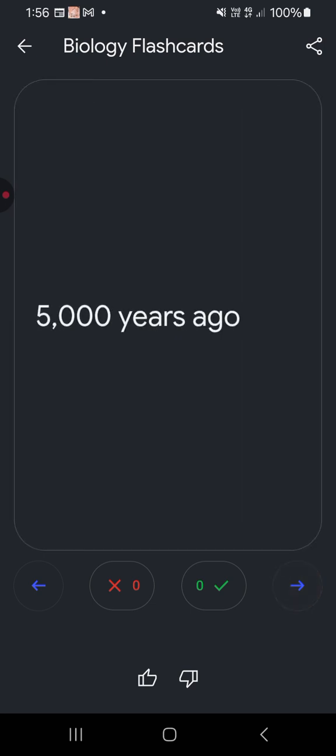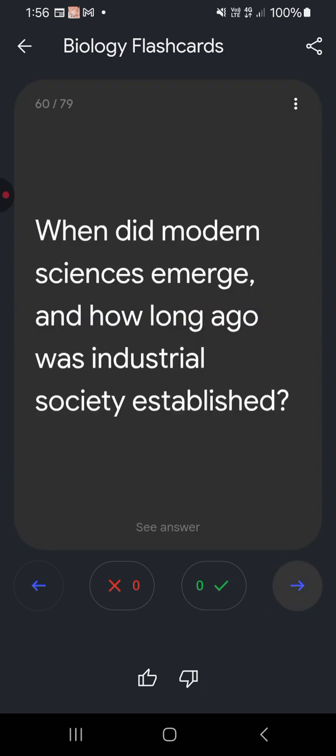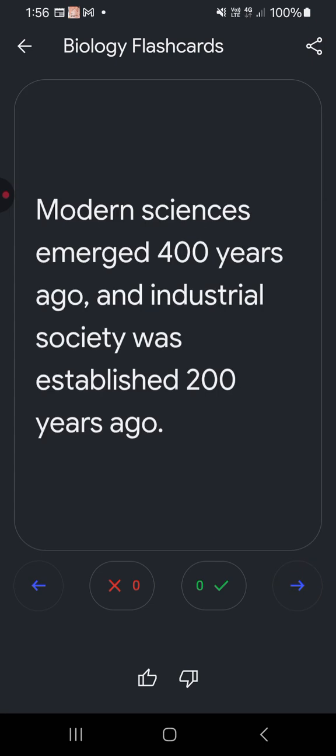About 5,000 years ago. When did modern sciences emerge and how long ago was industrial society established? In the last 400 years. Modern sciences emerged 400 years ago and industrial society was established 200 years ago.